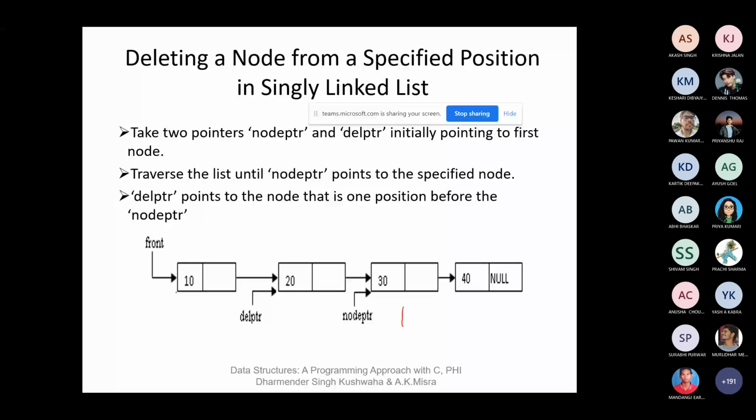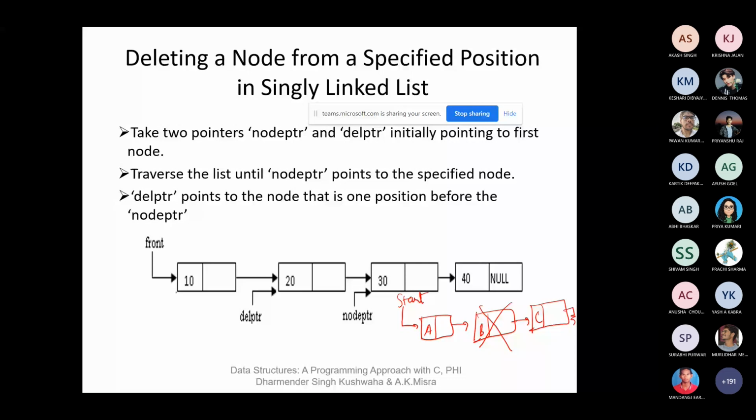A, B and C. मान लो ये है. We want to delete this node. क्या करेंगे?